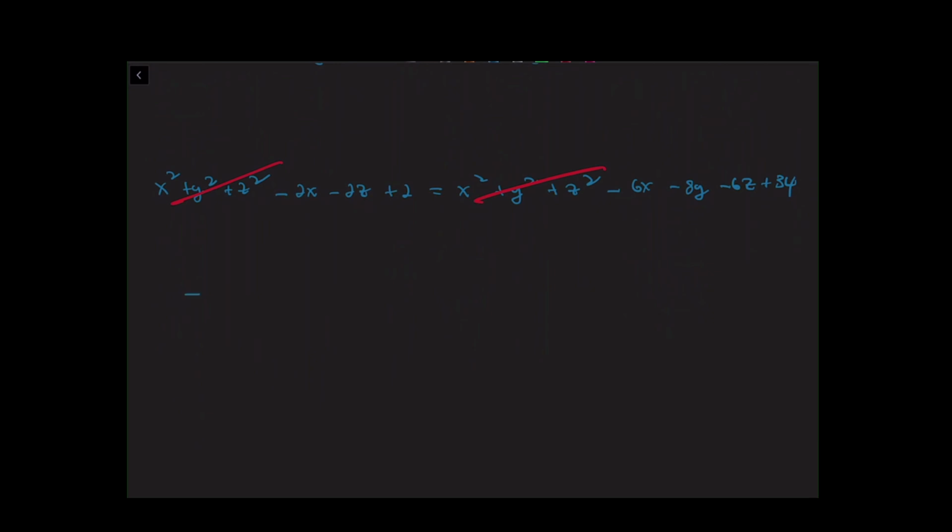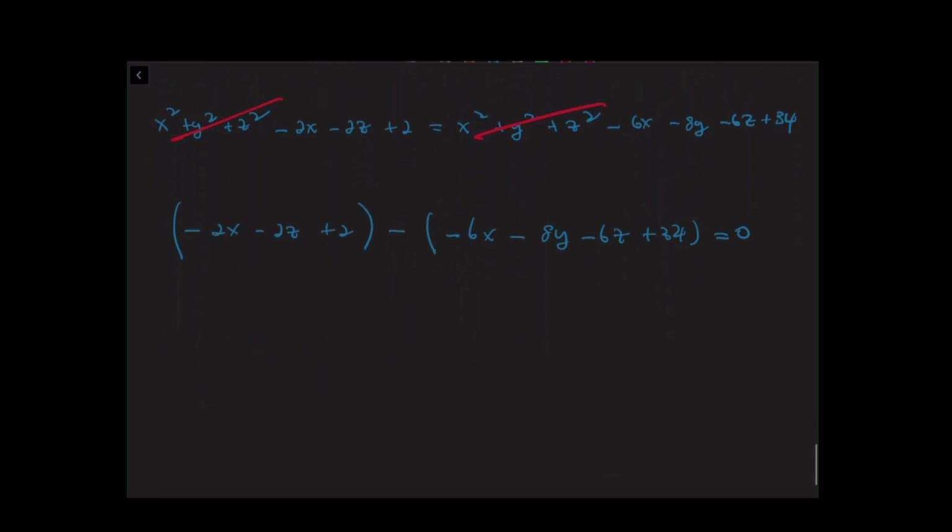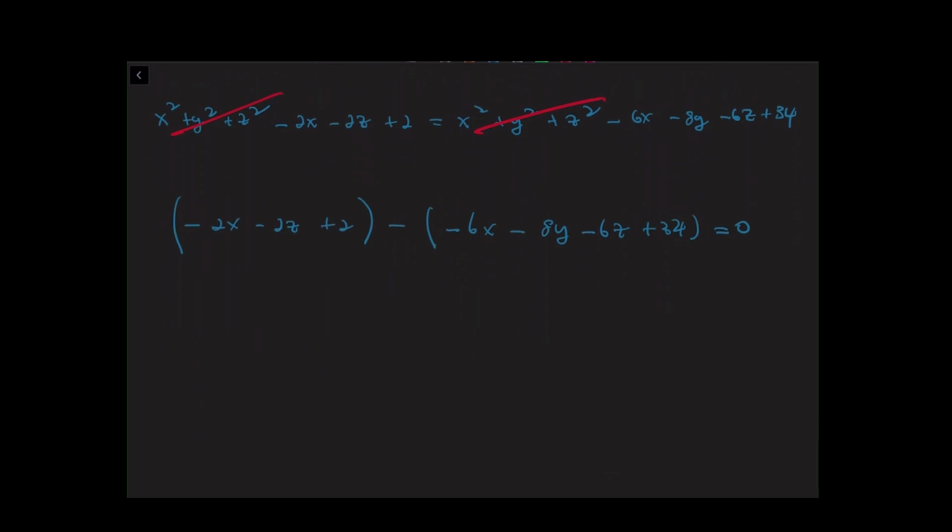We have negative 2x minus 2z plus 2 minus everything else that remains, which is negative 6x minus 8y minus 6z plus 34, equal to 0. I just take the terms on the right hand side and bring them to the left hand side. Okay, so negative 2 minus negative 6, so we have 4x plus 8y plus 4z minus 32 is equal to 0.